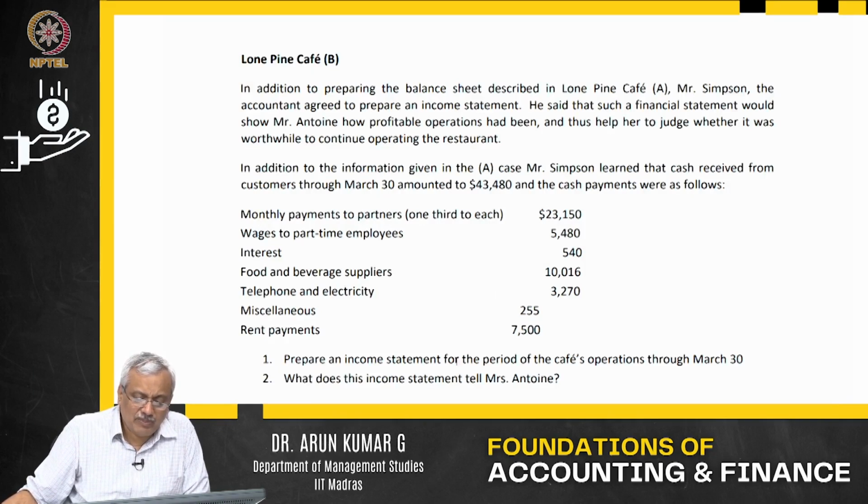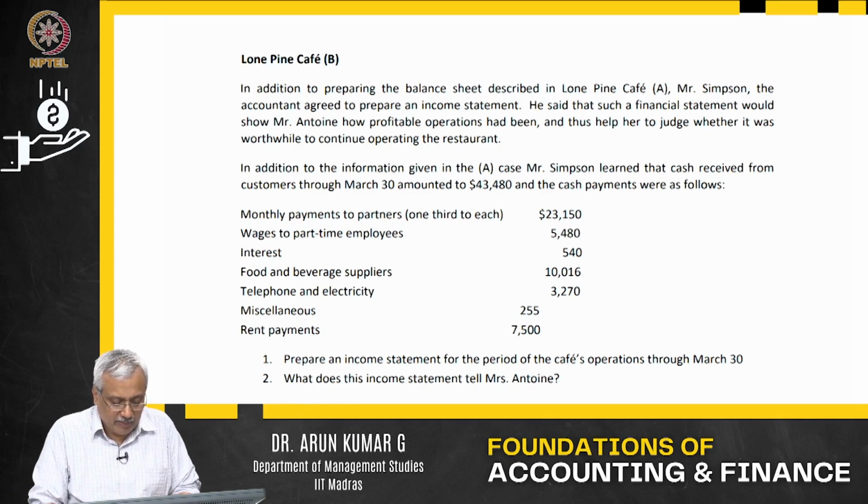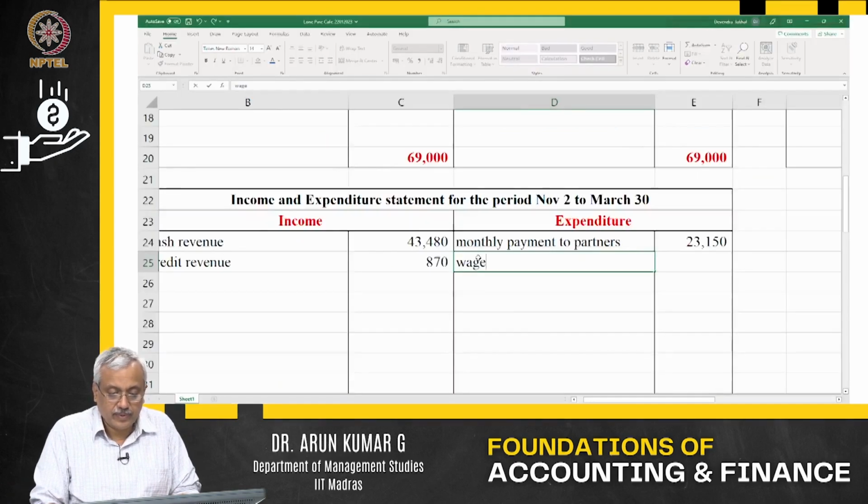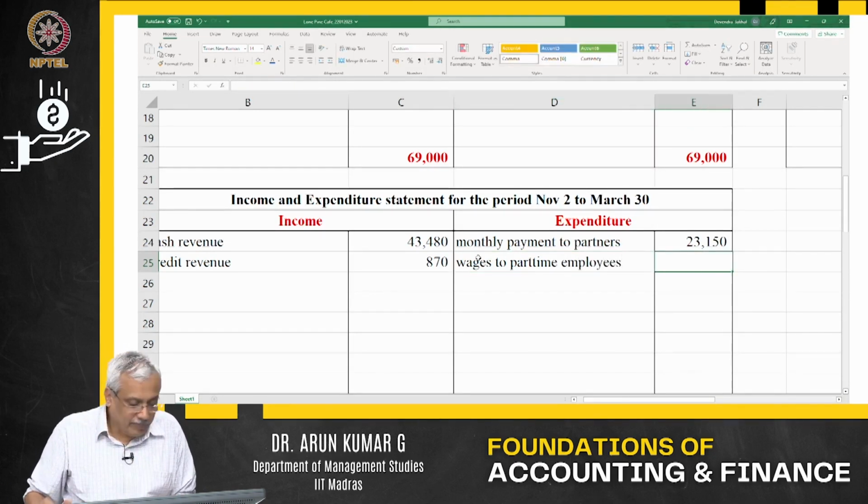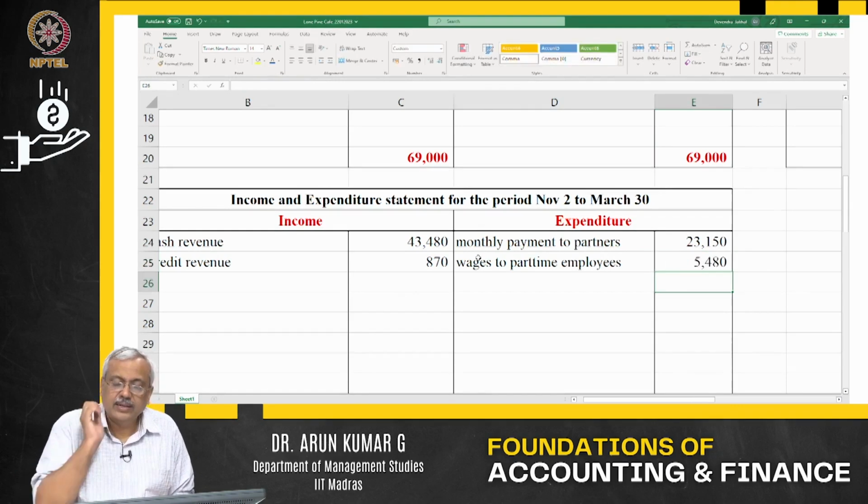Wages to part-time employees 5,480. Now, is there anything due not paid? If you see this, there is nothing due. If it is due, it is a liability. There is nothing I see. So that means you have paid it in full. What is the amount I have paid for wages to part-time employees? 5,480 is what I have paid.